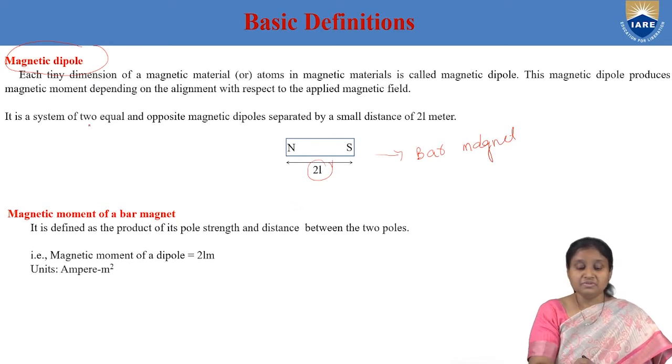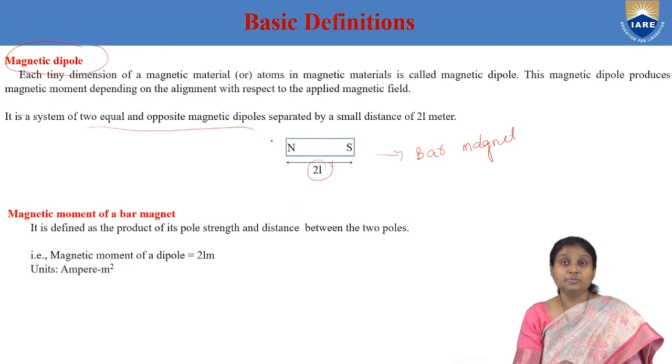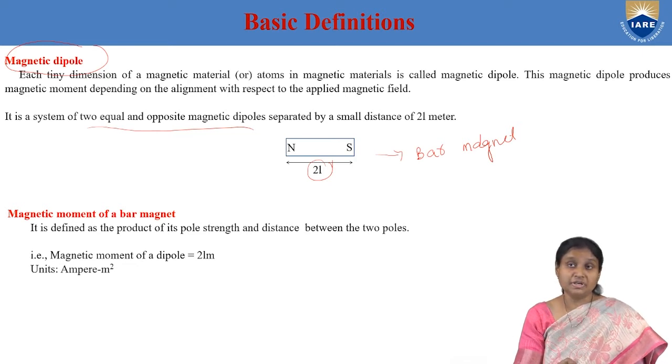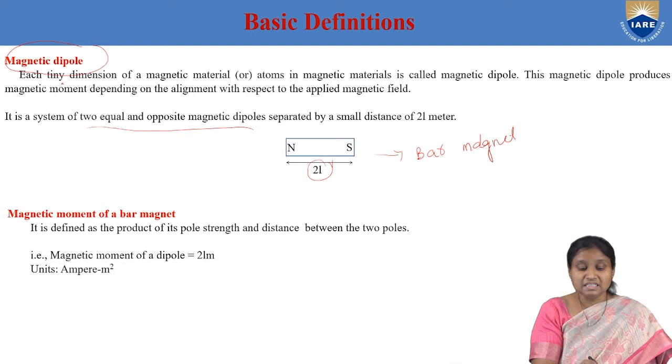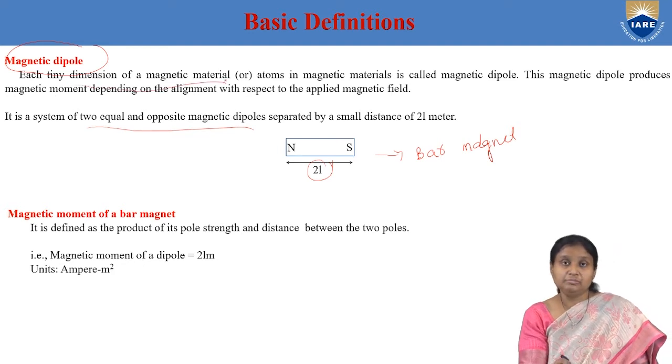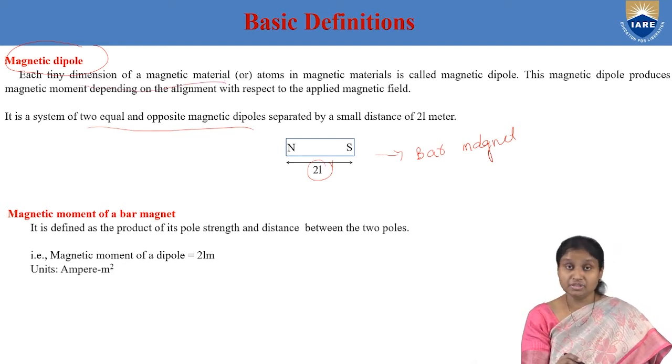Okay, so if we have a system where two equal and opposite magnetic poles are separated by a small distance, then such an arrangement is called a magnetic dipole. So here a magnetic dipole is each tiny dimension of magnetic material. When we talk about tiny dimension, here we are talking about an atom.